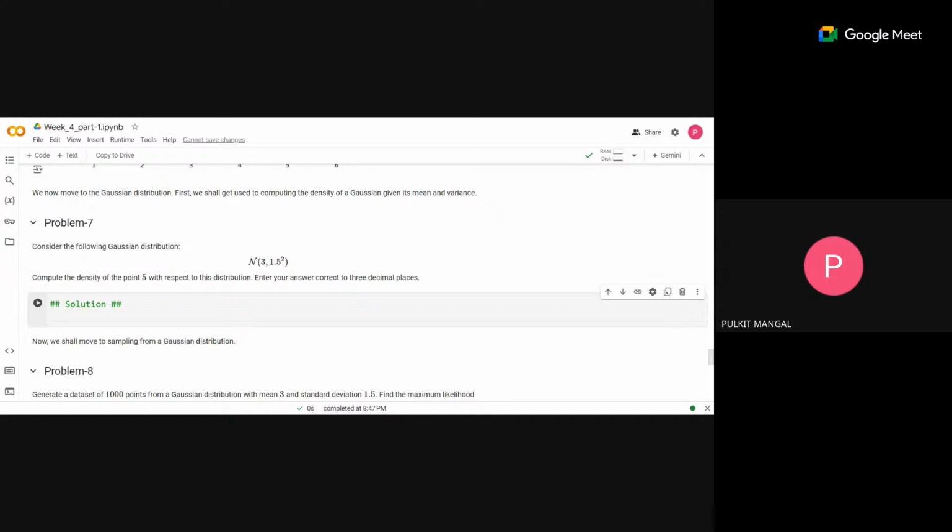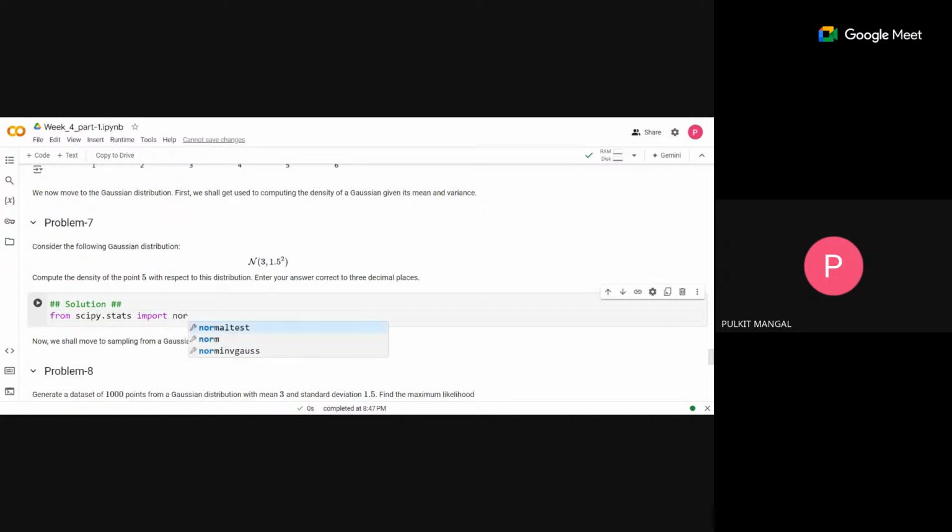One direct method that you can do is you can import another library, that is called SciPy. So in the SciPy library, from scipy.stats import norm.